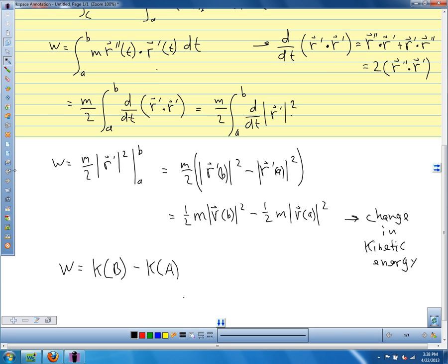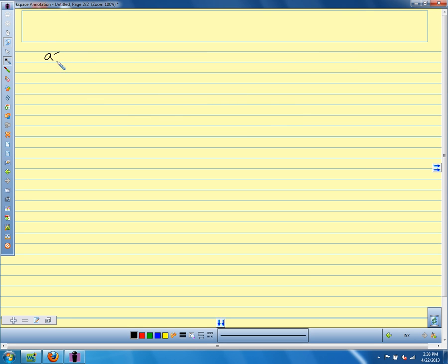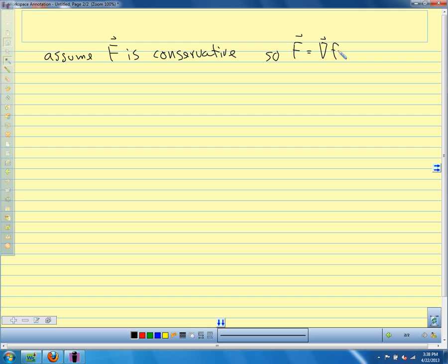All right, so we're going to assume that F is conservative. We're assuming that we have some kind of conservative force field. So we know that F is the gradient of some scalar potential function. And we're going to call this potential function, in this case, our potential energy.